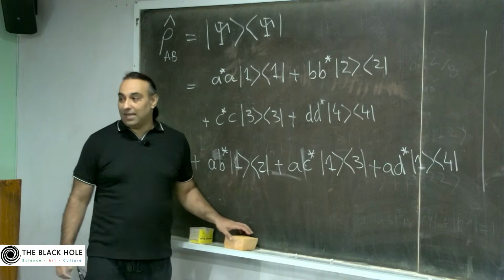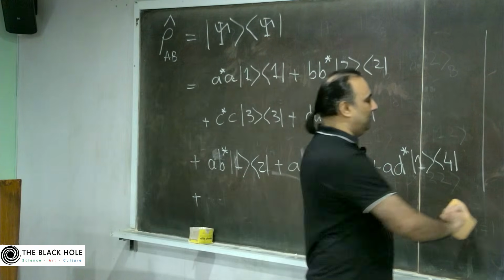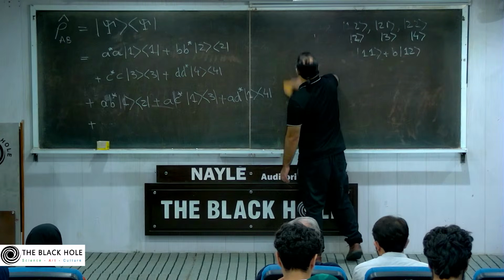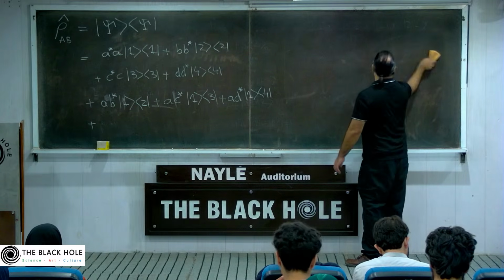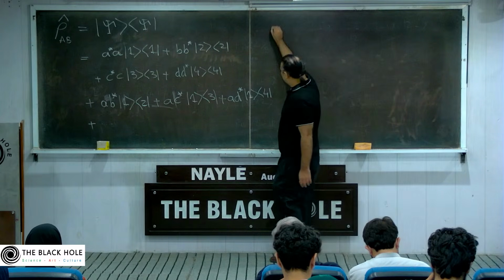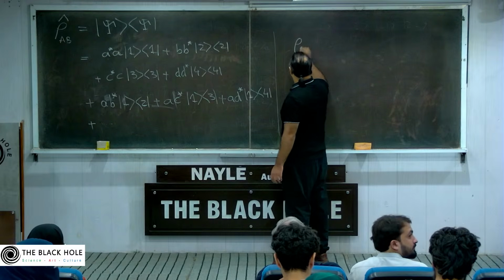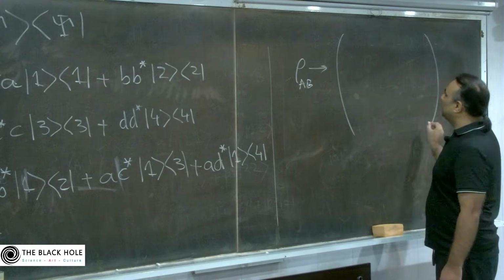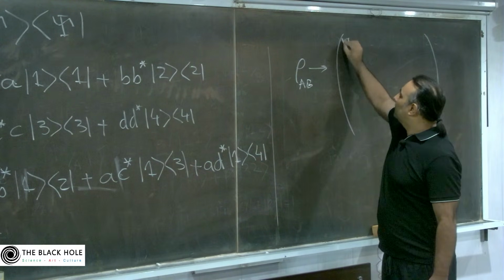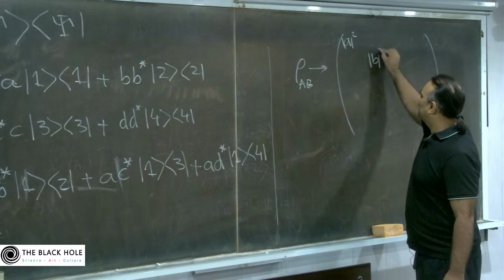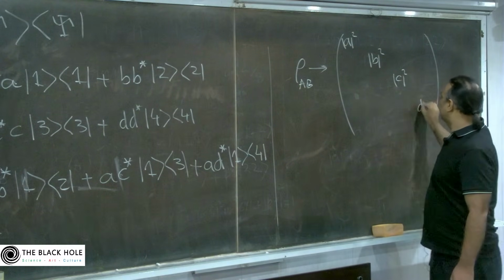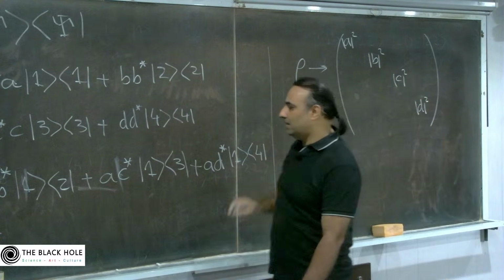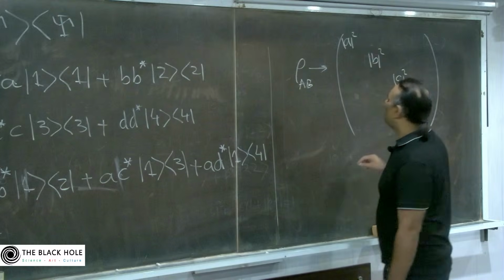And if we write them as a matrix, these first 4 would be diagonal, and then A, B star.